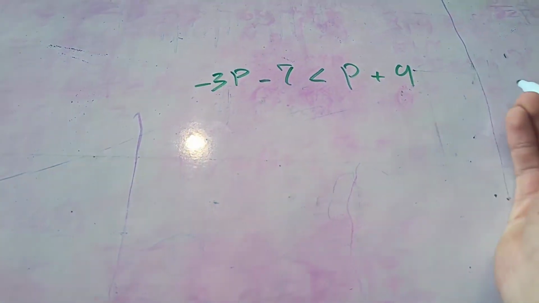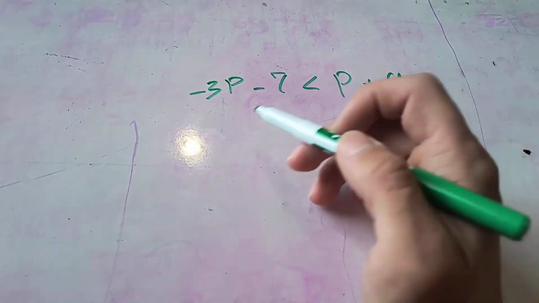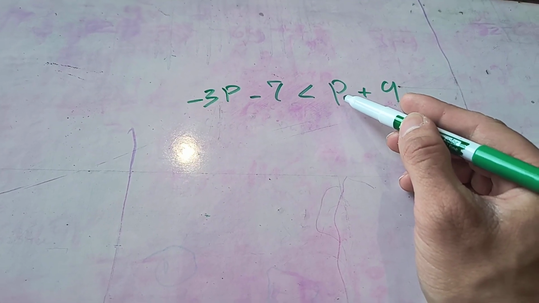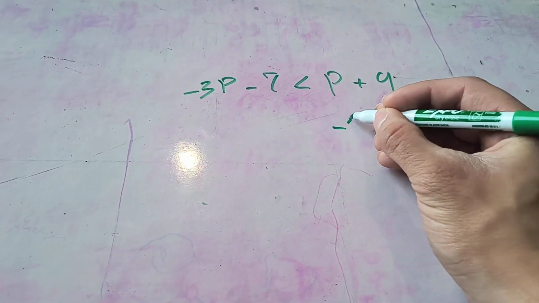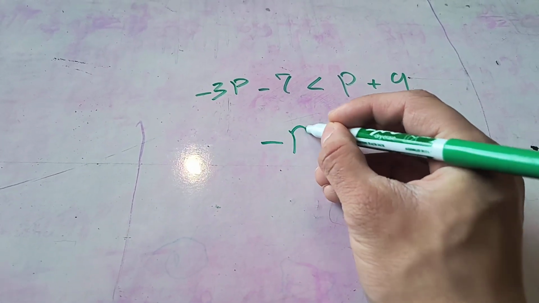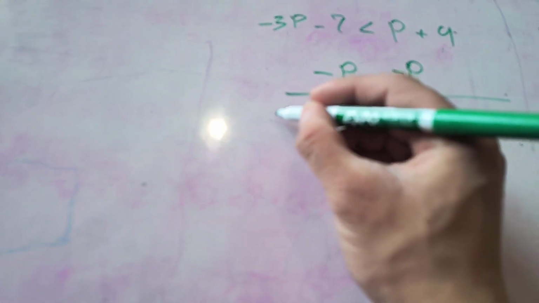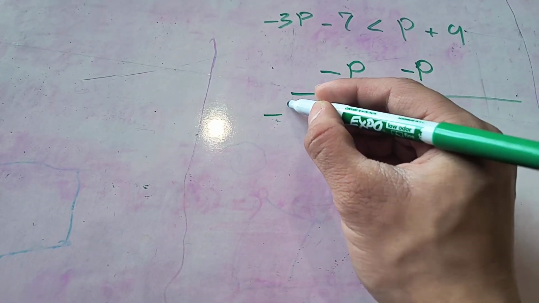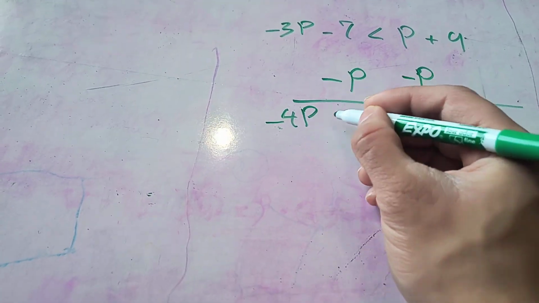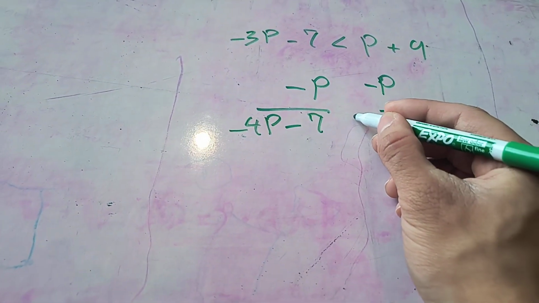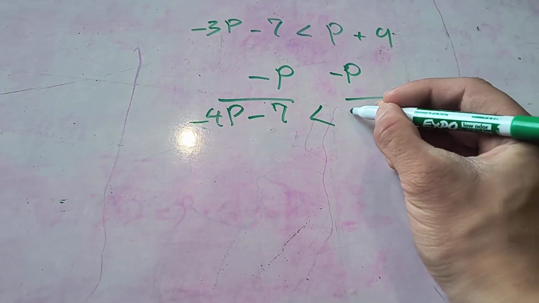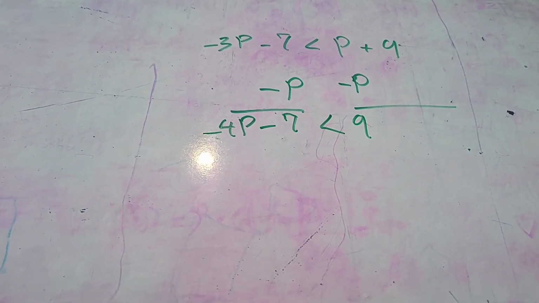I'll show you. So let's isolate p to this side, and let's remove p from here, minus p and minus p. And what we'll get right here is negative 3p minus p would be negative 4p minus 7 is less than 9.